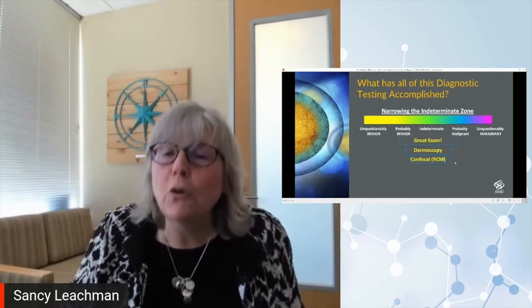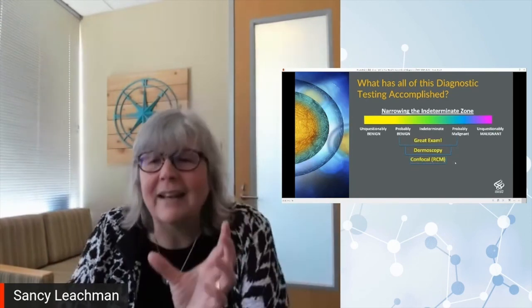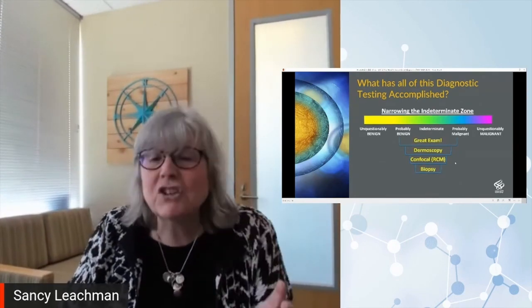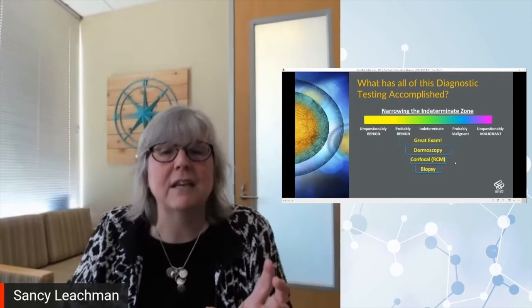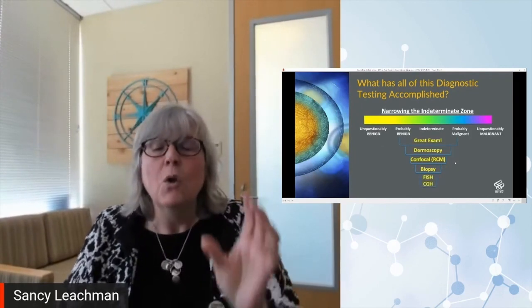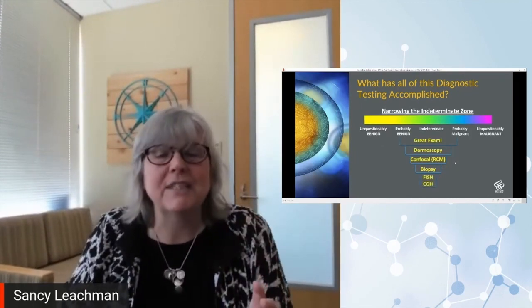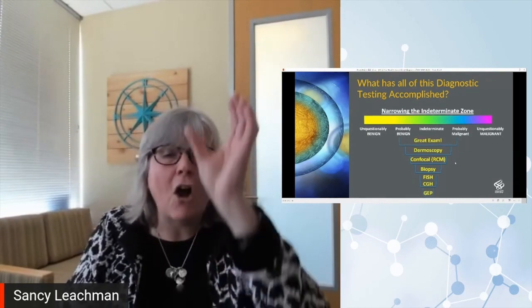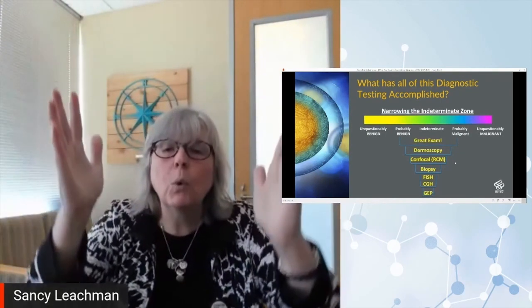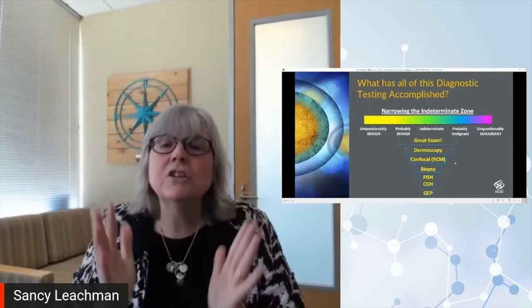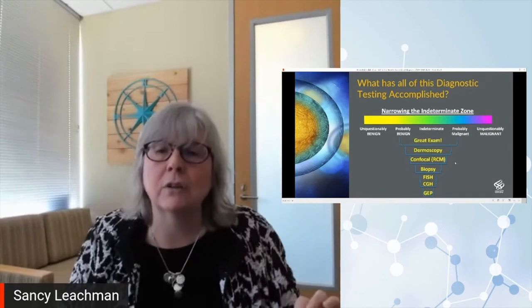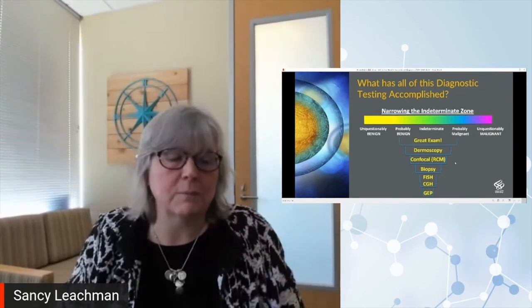We've got confocal microscopy that's narrowing that indeterminate zone even further. We've got biopsies with special stains that are helping us to narrow the indeterminate zone. We've got FISH and CGH with DNA, and we've got gene expression profiling with RNA, and all of these are basically whittling down that indeterminate zone so that we're becoming more and more confident that we've accurately decided whether or not this was a melanoma.